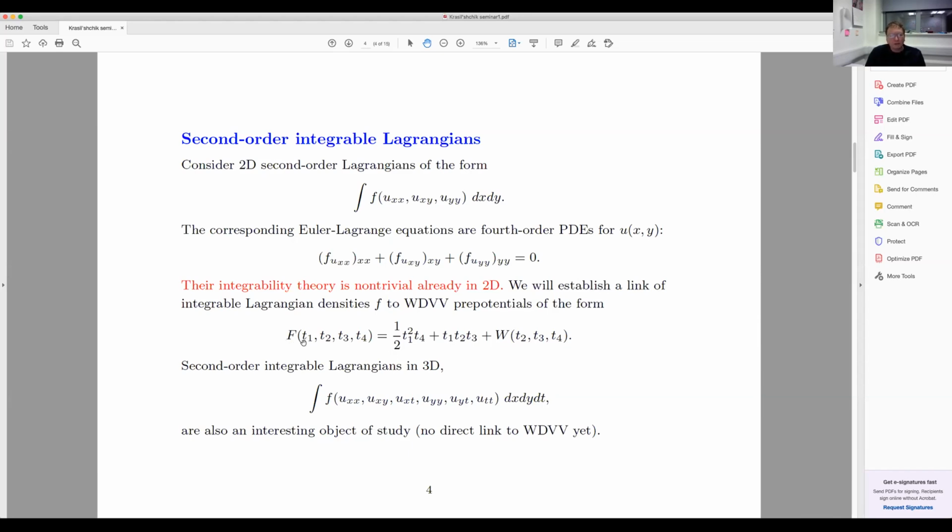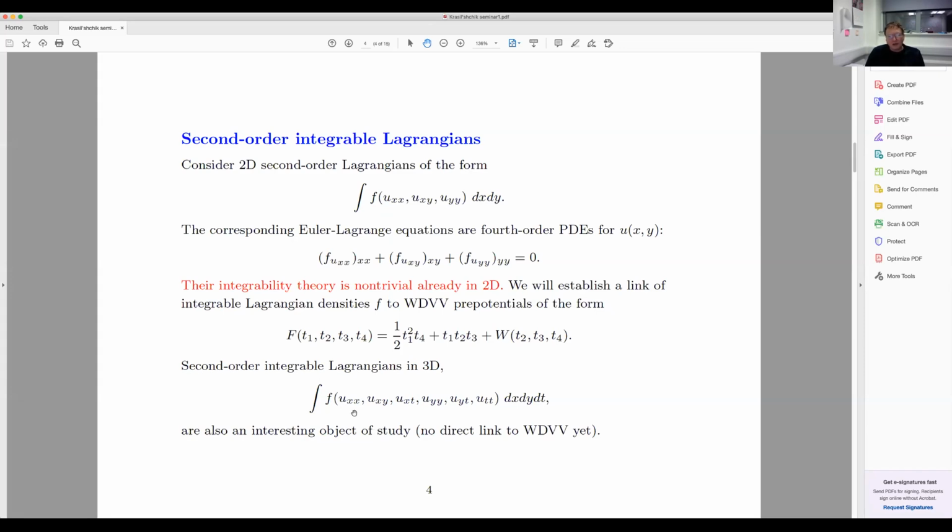So we have a prepotential of this form, and this function W is related by a contact-like, Legendre-like transformation to this F, the Lagrangian density. So if you take an integrable Lagrangian density and do a certain Legendre-like transformation, then you get a WDVV prepotential of this kind.